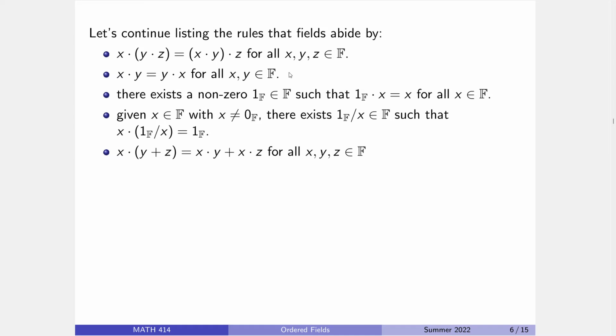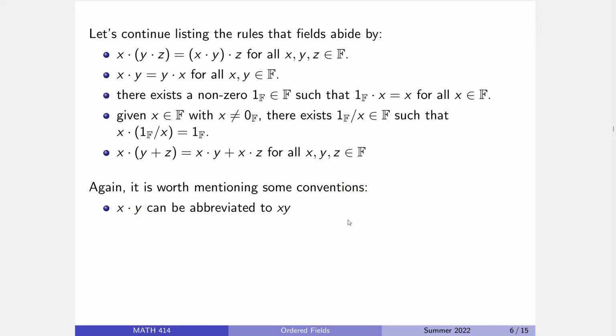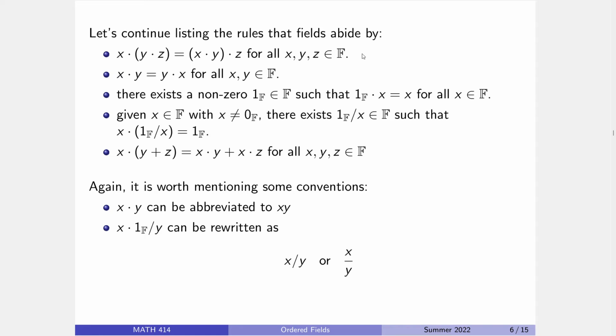All right. Now, again, there are some conventions in terms of notations and how we'll use this stuff, so let's point them out. Something that we do in multiplication a lot is just not write it. So just x times y. That happens quite a bit, and we're just lazy. When you write 2 times x, you just write 2x. Then 1 over x.